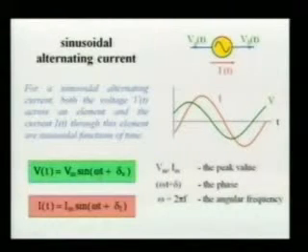But well, why don't we imagine that omega is, let's make it just 2 pi. Think how many seconds it takes for the voltage to complete one oscillation.